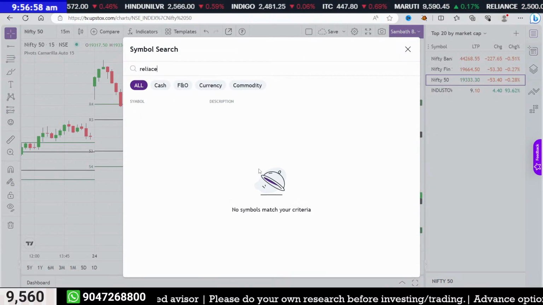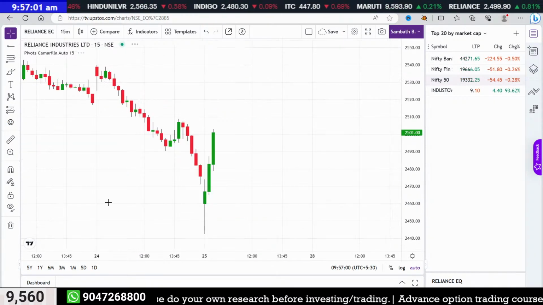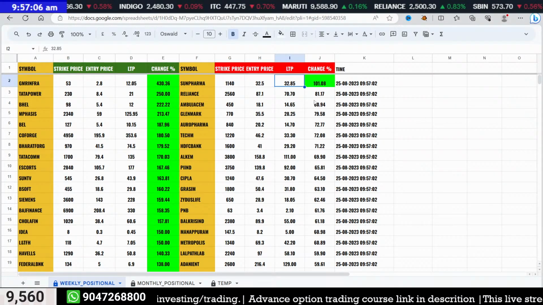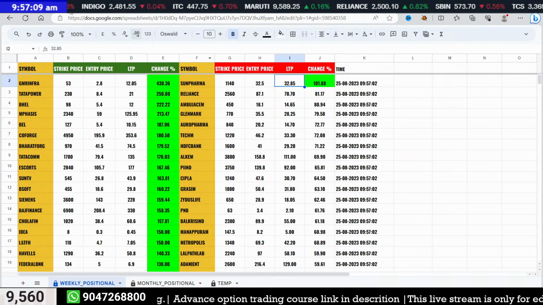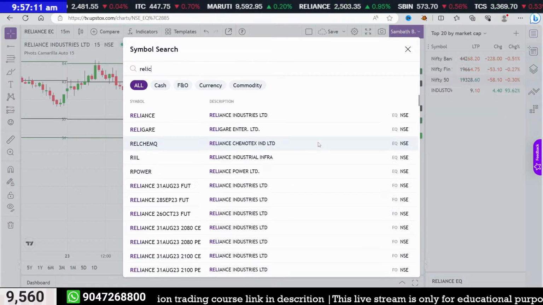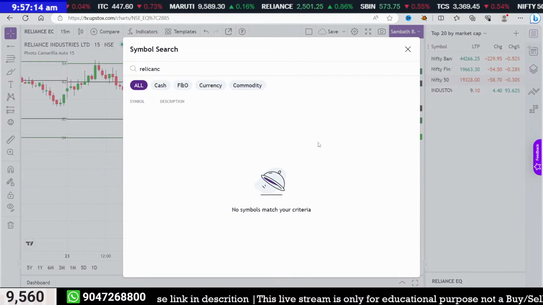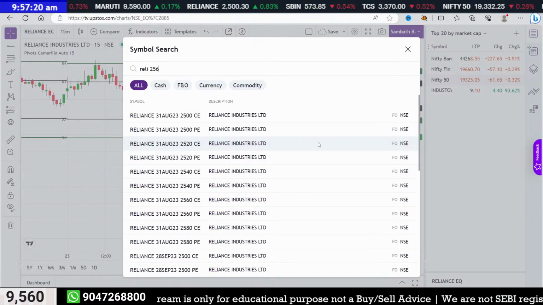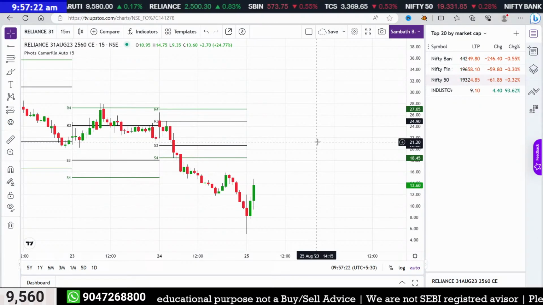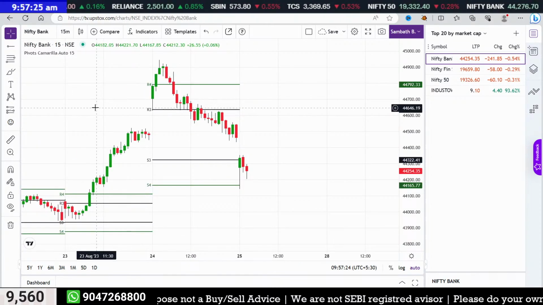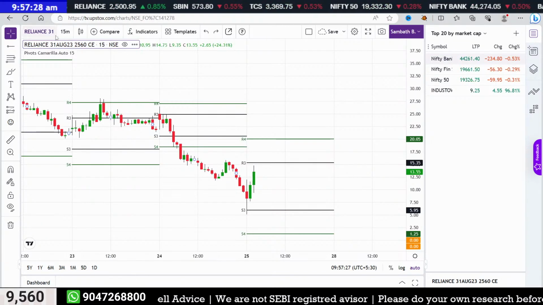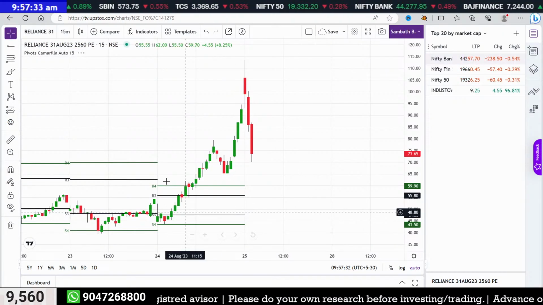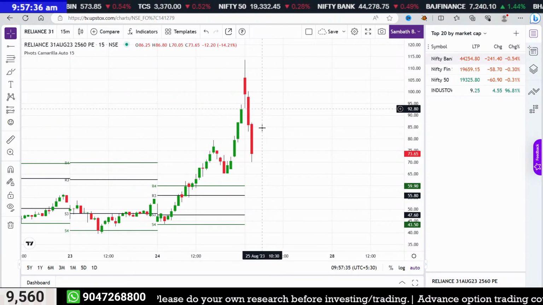So Reliance, what's happening here? It is a gap down and it started recovering. So this option is slightly moving down, 2560. Gap up 113 and then it started moving.